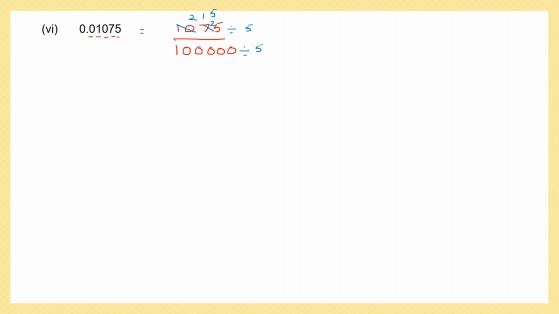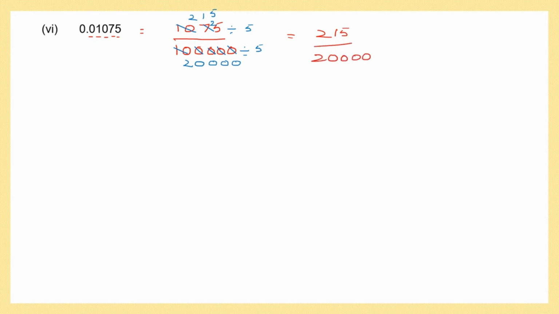Let's go to the denominator. 5 twos are 10, bring down the 0, 1 more and 1 more. So we get 20,000. So right now we've got 215 by 20,000.